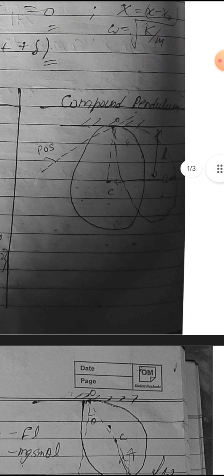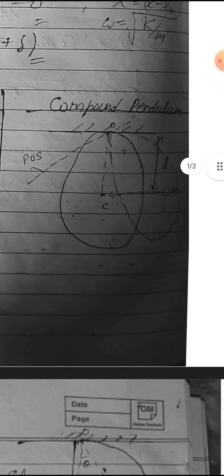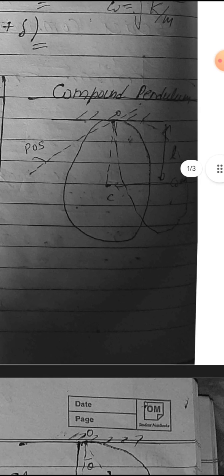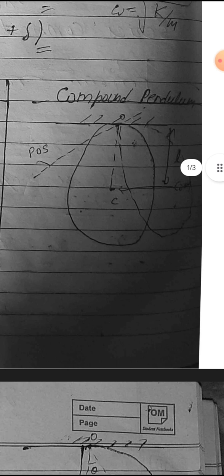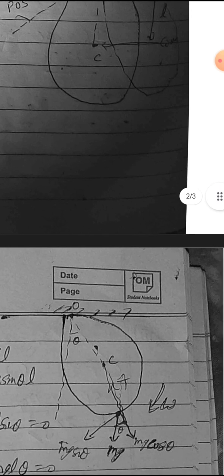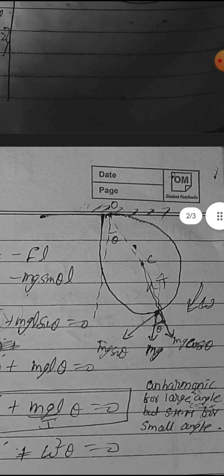Now let's talk about compound pendulum. As you can see, there is a picture of this compound pendulum. So suppose there is a compound pendulum where O is the point of suspension and C is the point where the center of mass of the body lies, and OC is equal to length L, right?